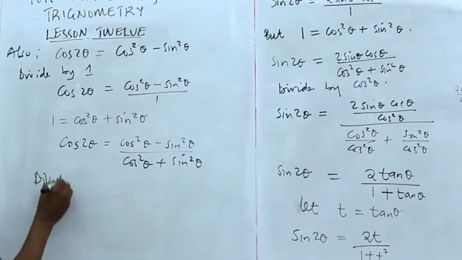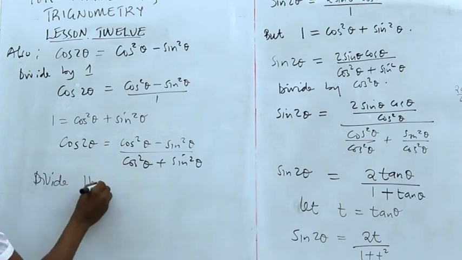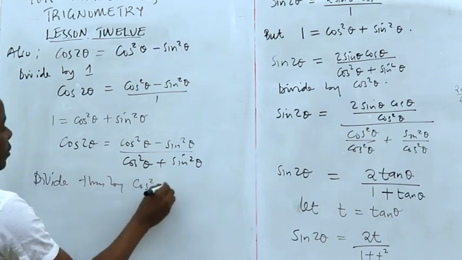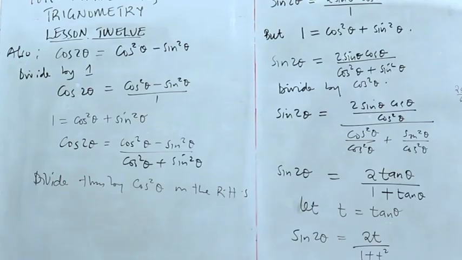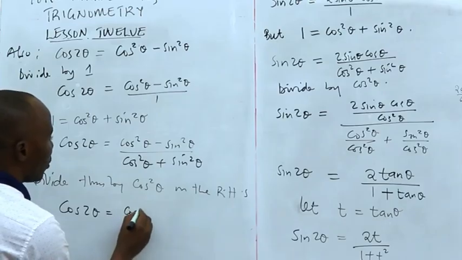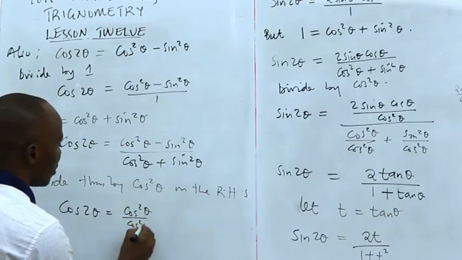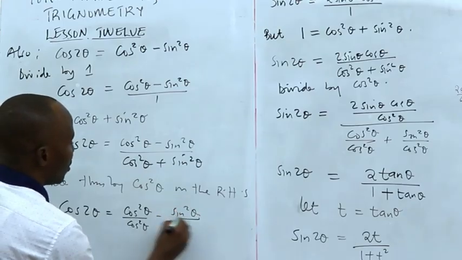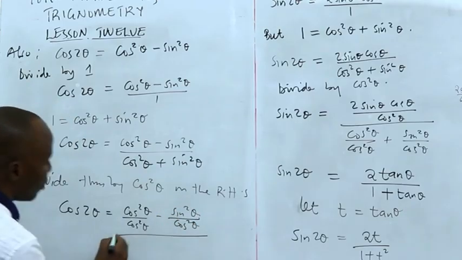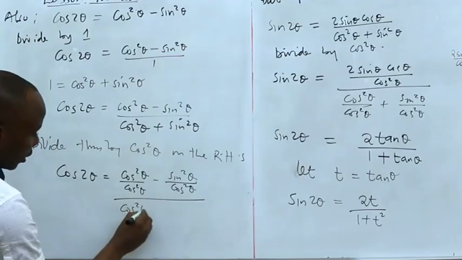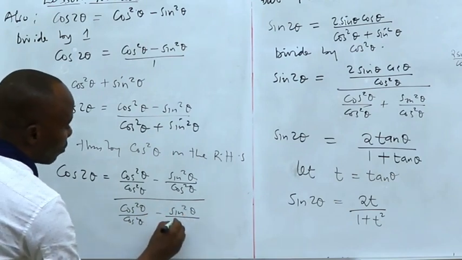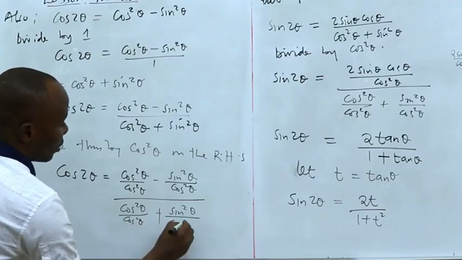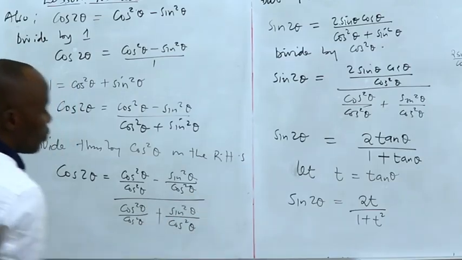So let's divide through by cos squared theta on the right hand side. If you divide through by cos squared theta, you have cos 2 theta is cos squared theta over cos squared theta minus sine squared theta over cos squared theta, then all over cos squared theta over cos squared theta plus sine squared theta over cos squared theta.